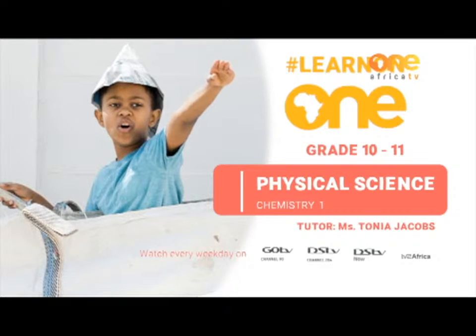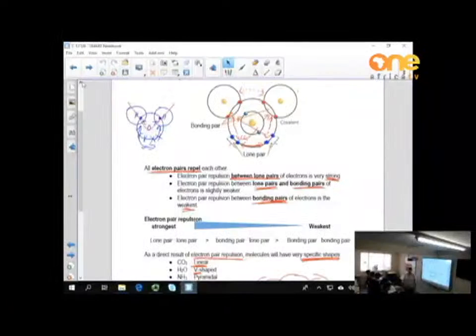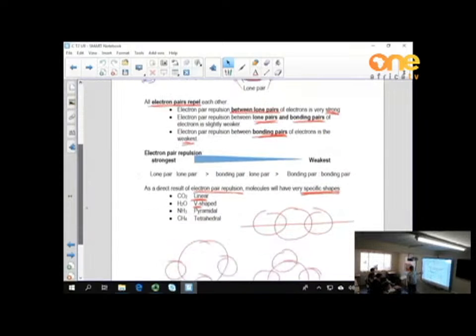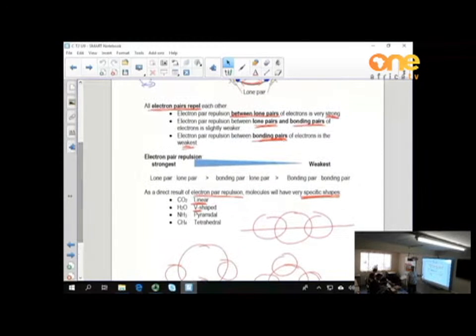Friends, in the last session we had a look at the different shapes that molecules can have. Just to recap very basically, we said that covalent compounds can be divided up into specific shapes depending on how many bonding pairs of electrons and how many lone pairs there are on the center atom.